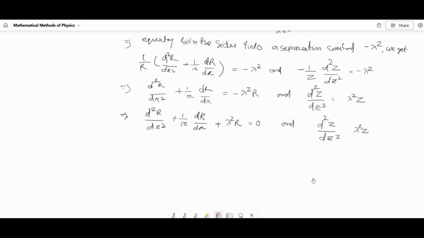So these are the two required ODEs, ordinary differential equations, that we have obtained.